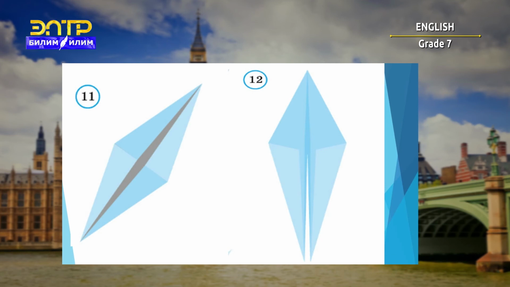Eleventh step, turn over the paper and repeat step number 10. Carefully fold both sides inward, just like before. And the 12th step, fold the left and right bottom edge to the middle.